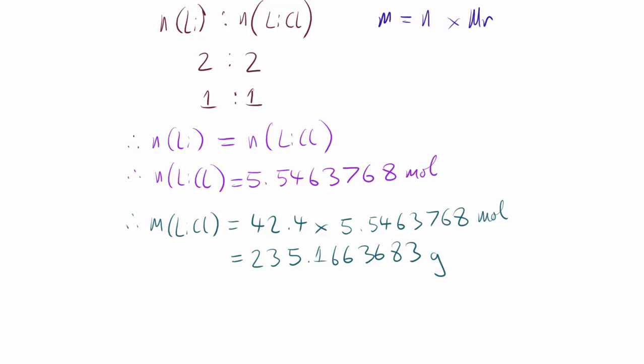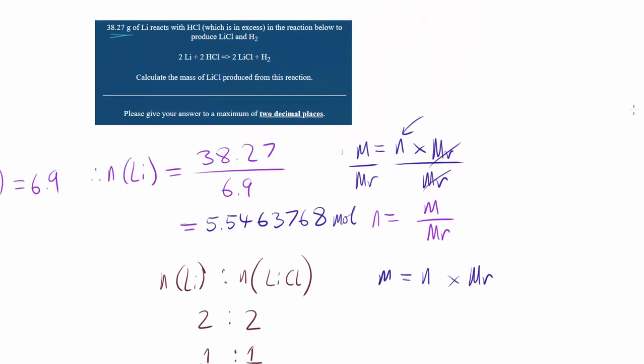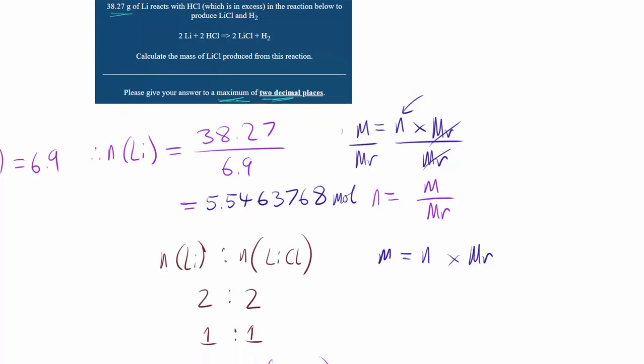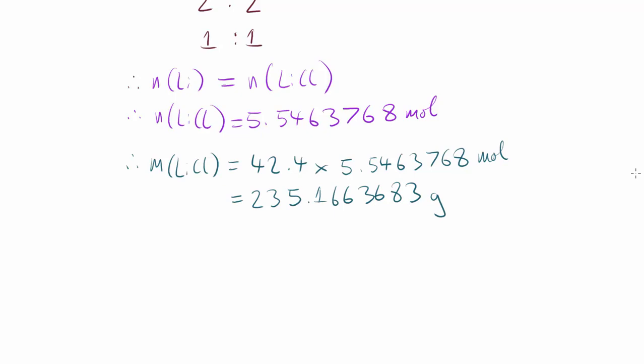Now if we refer back to the question, you see that it applies a very specific constraint to the format of our answer. It says give your answer to a maximum of 2 decimal places, so it's important to pay attention to that.